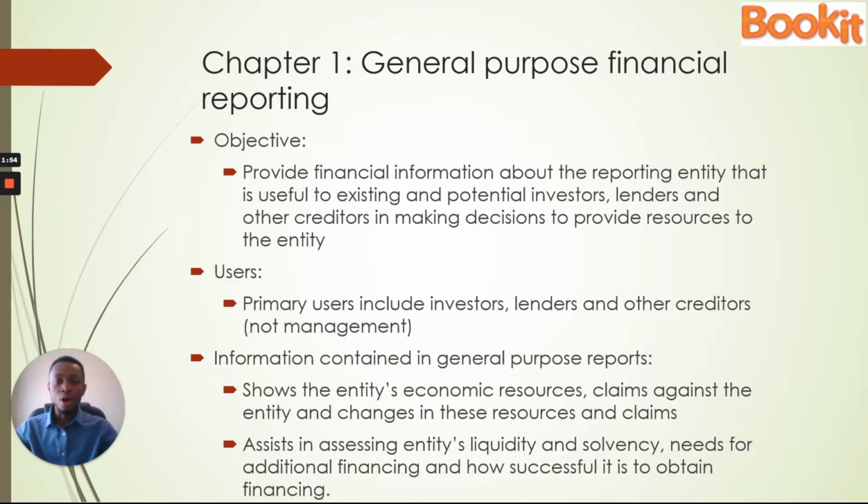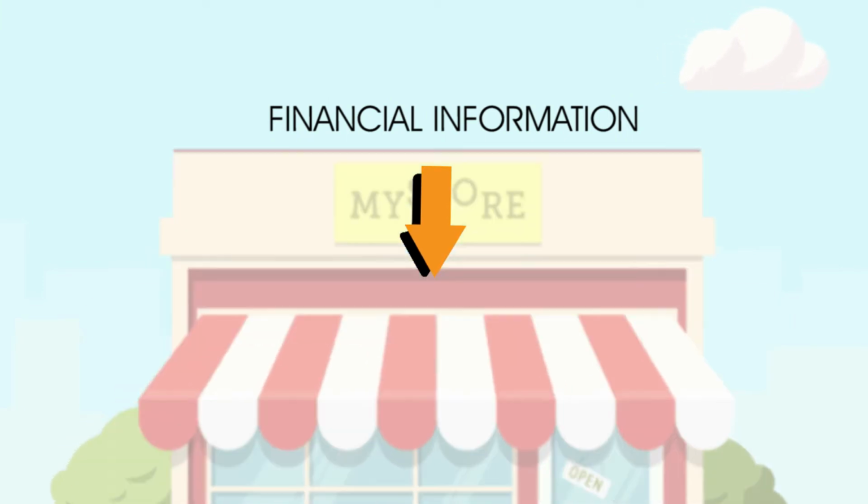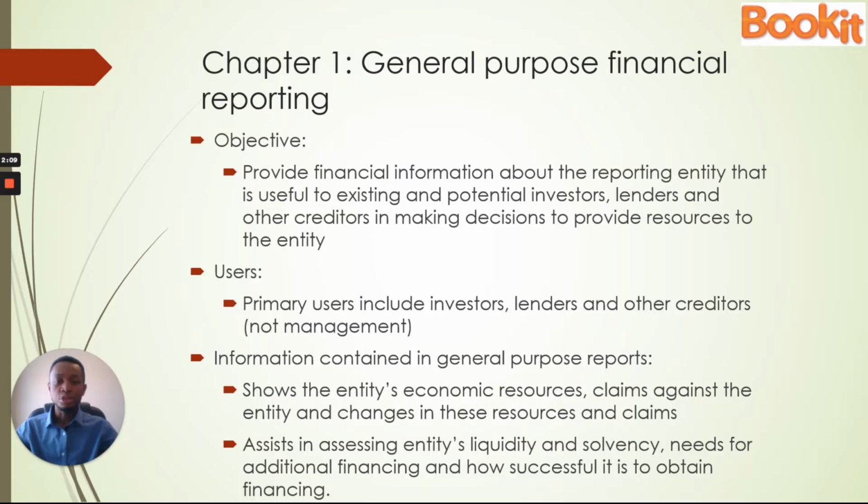Chapter 1 of the conceptual framework deals with general purpose financial reporting. And the objective of general purpose financial reporting is to provide financial information about the reporting entity that is useful to existing and potential investors, lenders, and other creditors in making decisions to provide resources to the entity.